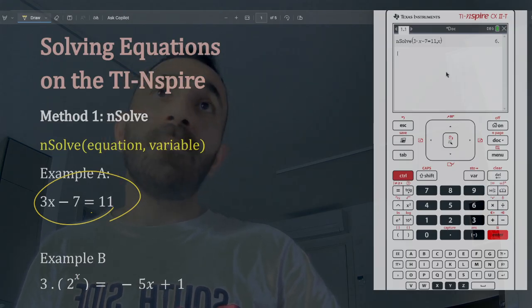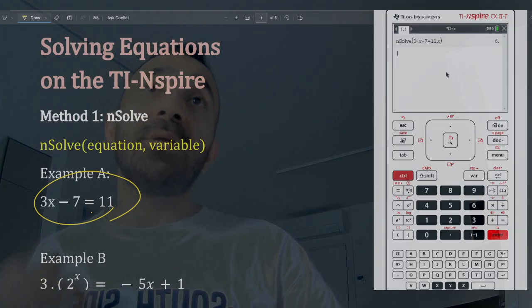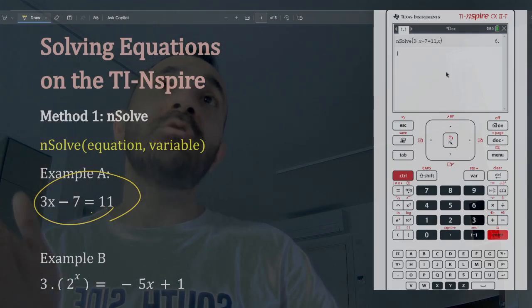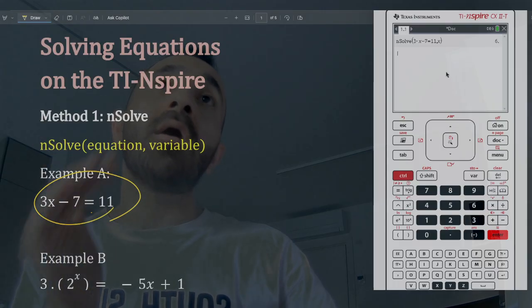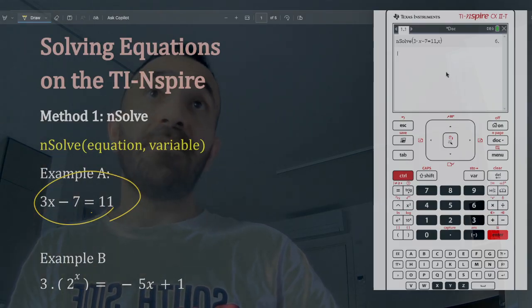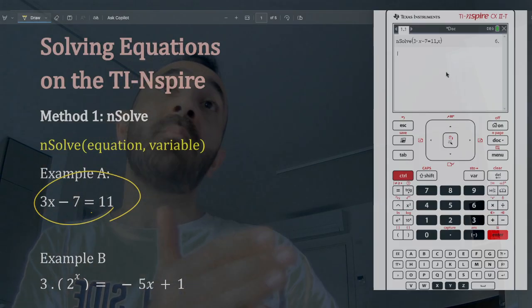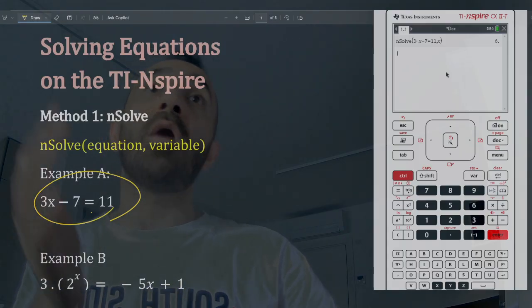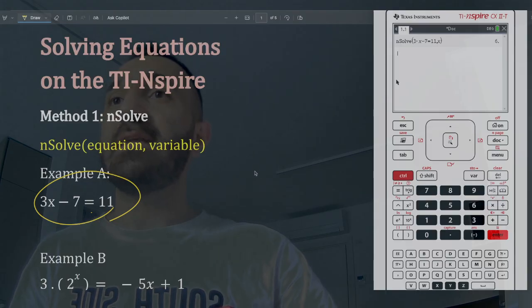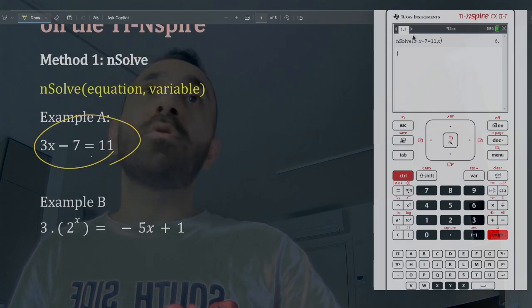So when you have any equation, you're going to copy and paste it into this bracket, numerical solve equation, comma x. Instead of x, if you have c, you're going to put comma c. If it's k, comma k. Okay, that's it. Let's do one more just to practice.